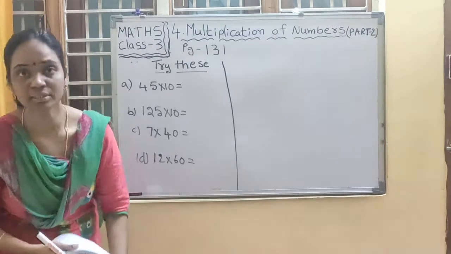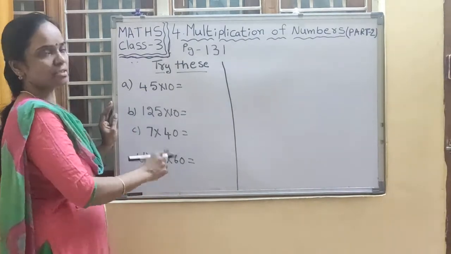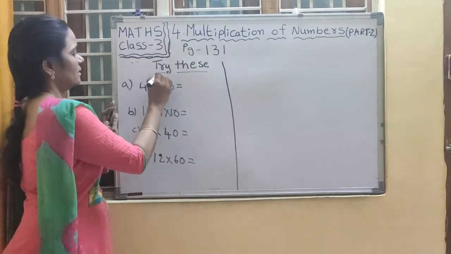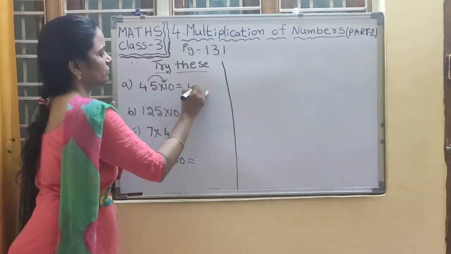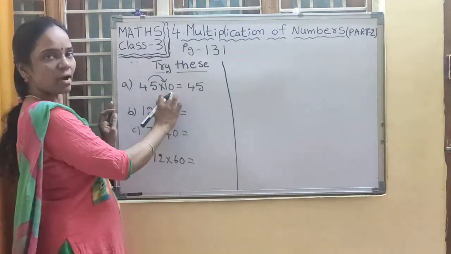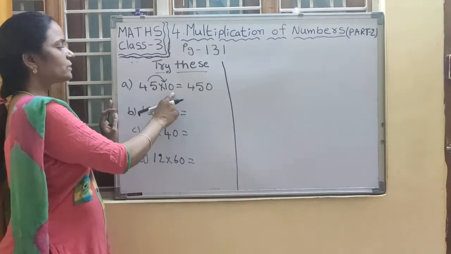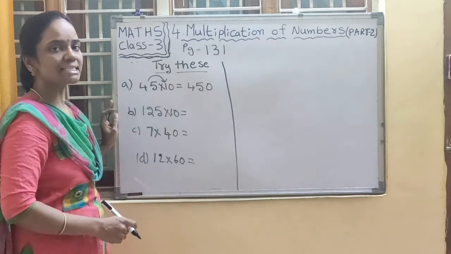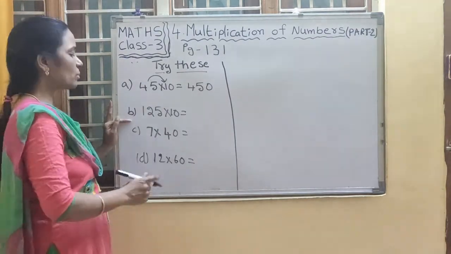Okay, look at the board, children. Yes. First, what do we have to do? All these are by tens. Multiplication by 10. Yes, 45 should be multiplied by 1. 45 ones are 45. How many zeros do I have to write? 1 zero. So 450 is the answer. 45 into 10 is 450. 45 tens are 450. Yes, next, coming to the B problem.